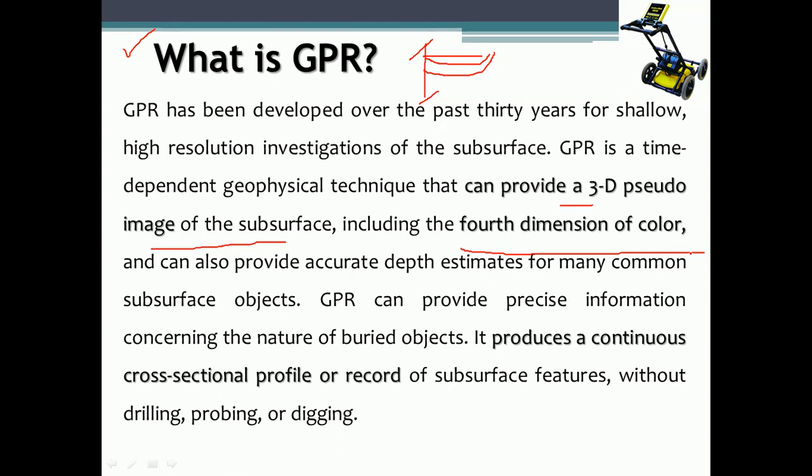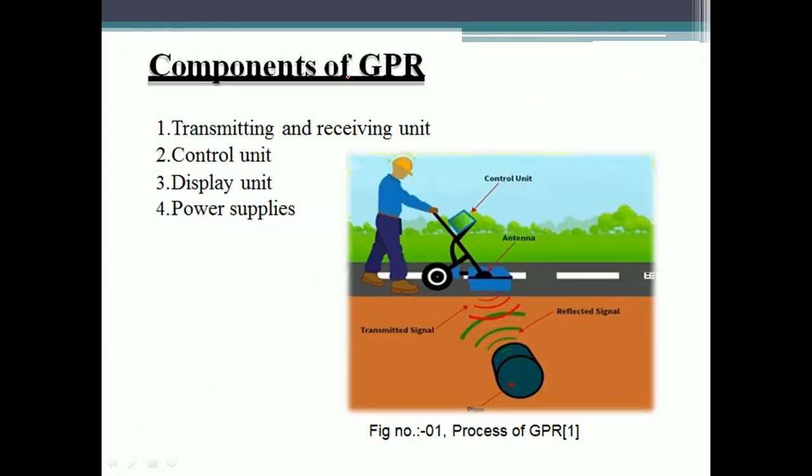Based on that dielectric constant, the wave transmission occurs. Without drilling or digging the subsurface, we can get the cross sectional profile using this ground penetrating radar method.